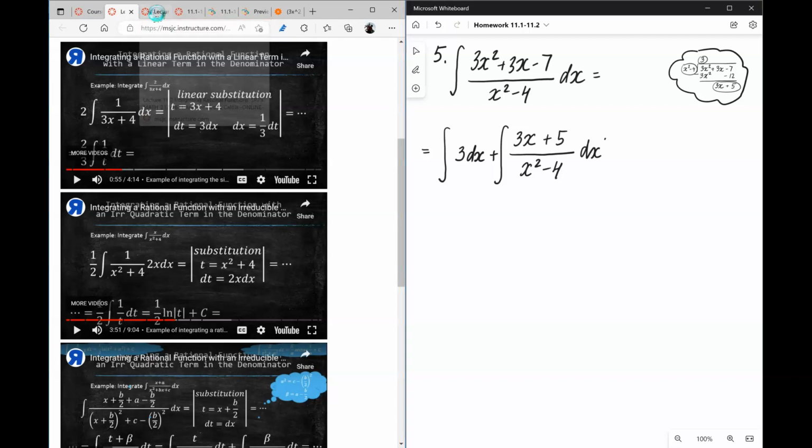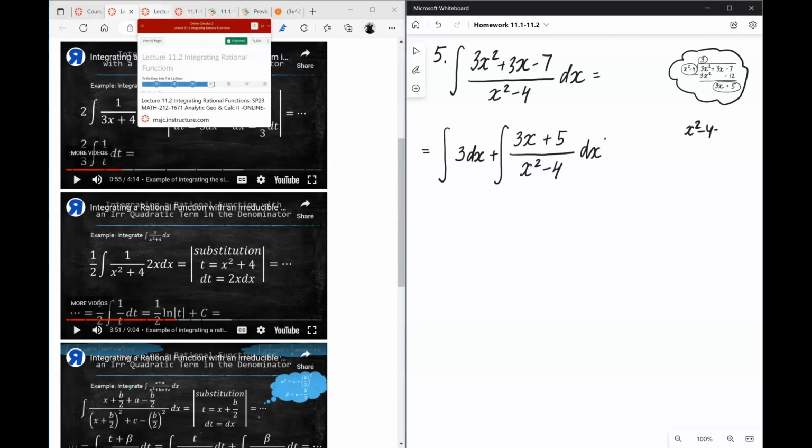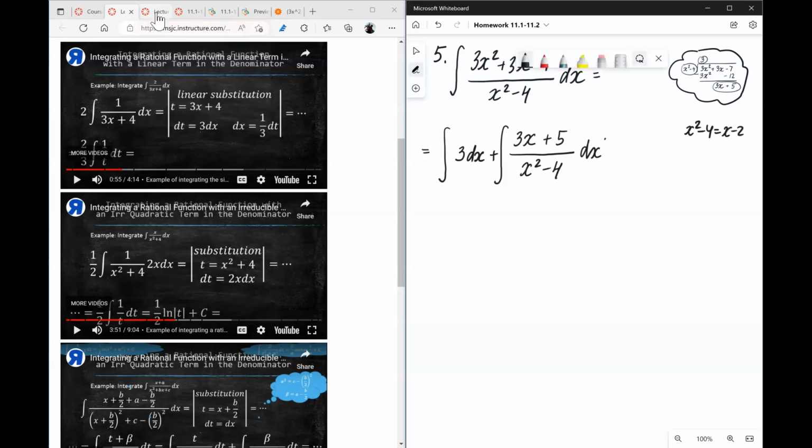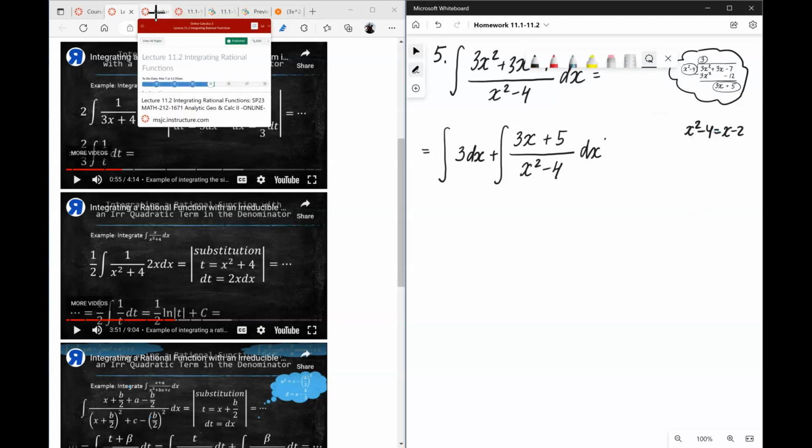So instead of x squared minus 4, I'm going to write its actual factorization. Not prime factorization, just factorization. So here I use the difference of squares formula.